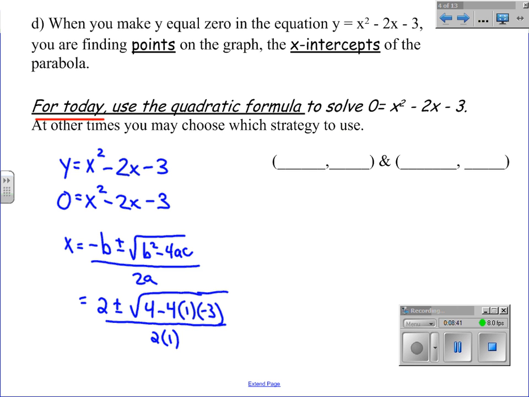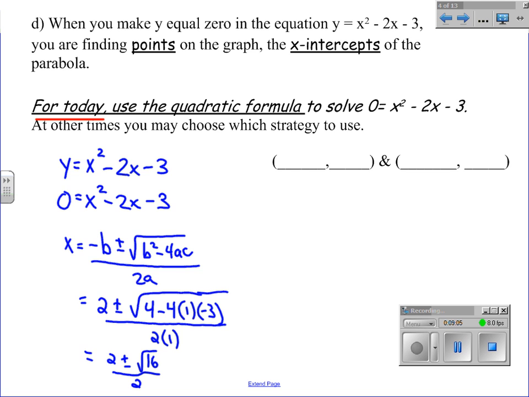Okay? So I got a lot of simplifying to do here. We got 2 plus or minus the square root of 4 times 1 is 4, times negative 3 is negative 12. So this is 4 minus negative 12, which is 4 plus 12. Do you all agree with the square root of 16? All over 2.